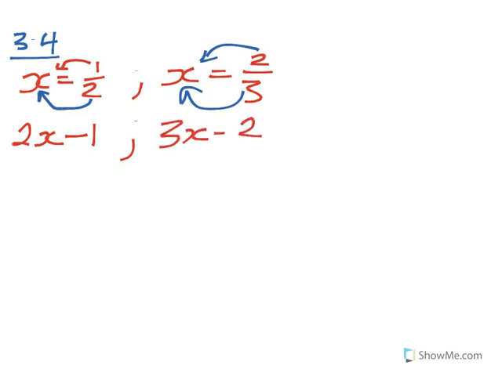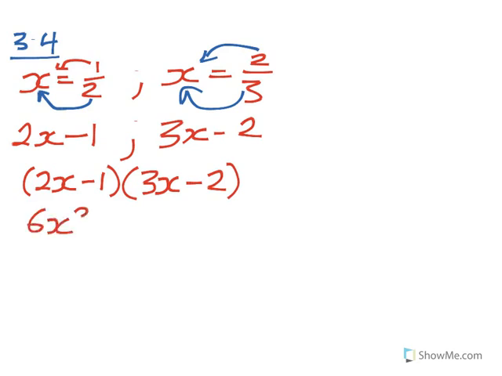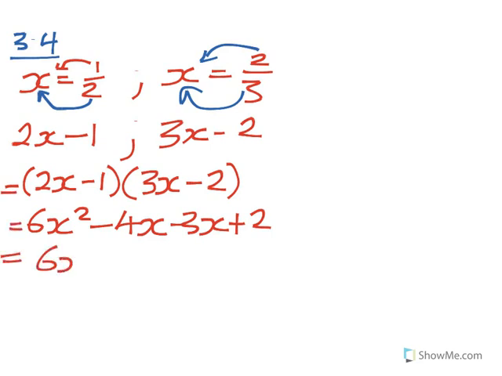So when you look at these in brackets, you have 2x minus 1 and 3x minus 2. So now if you expand that, 2x times 3x is 6x squared, minus 4x minus 3x plus 2. Then what you have is 6x squared minus 7x plus 2.